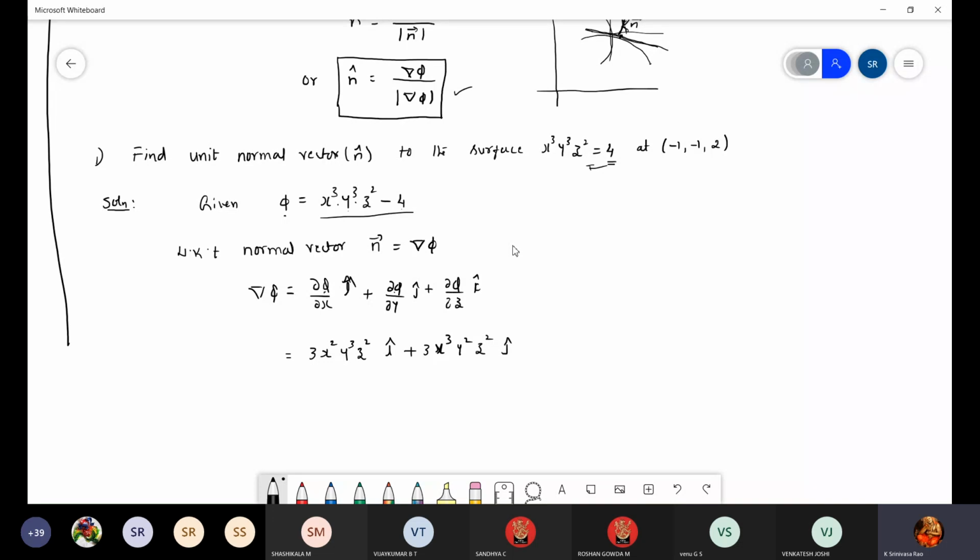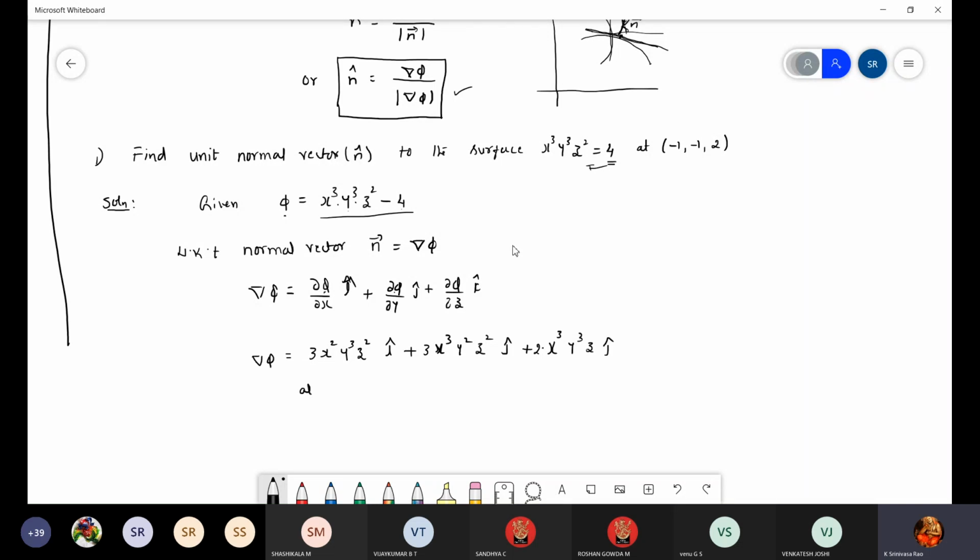Plus the last one, with respect to z: x cube keep as it is, y cube also as it is, z square differentiation is 2 times z. I am writing like this, and you can follow your own way of solving. I will not force you to write in the same way. Simplification is left to you, but the answer should be correct. It should be unique. Yes, this is grad phi.